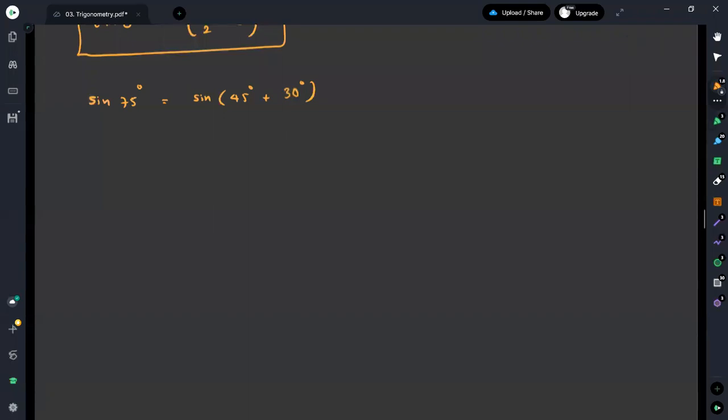Now, using this concept, we can simply obtain the value for sine 75 degrees.